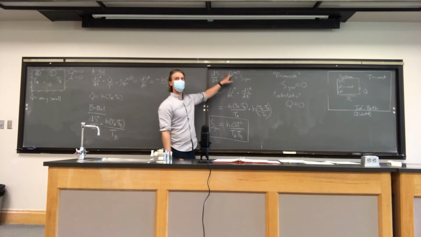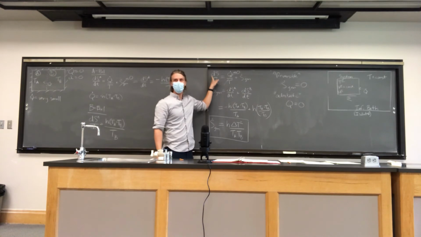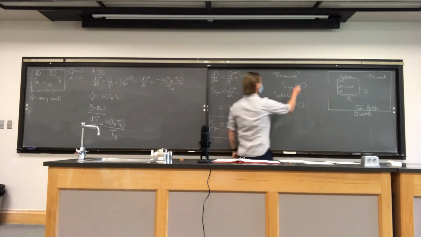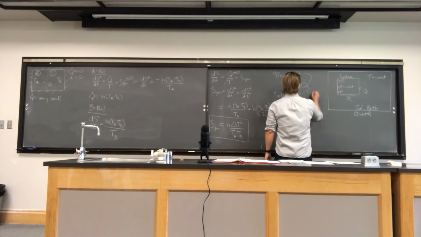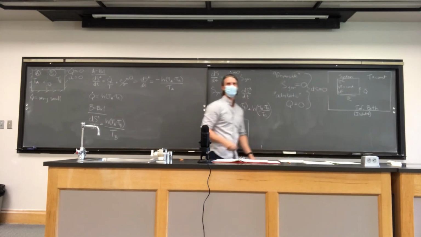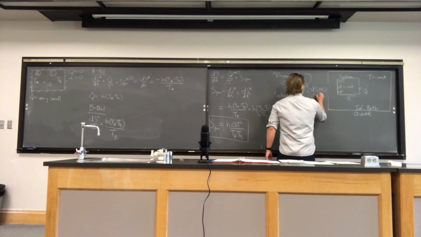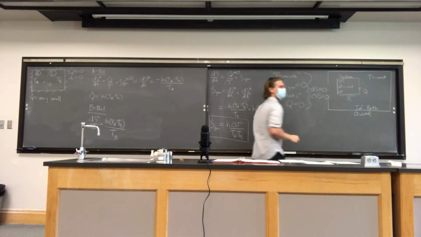If my heat is not going in and out of the system, and I'm not generating any entropy, then my entropy cannot change. So if I put reversible and adiabatic together, that means my entropy is constant. The rate of change of entropy is 0, or delta S of the process is equal to 0.